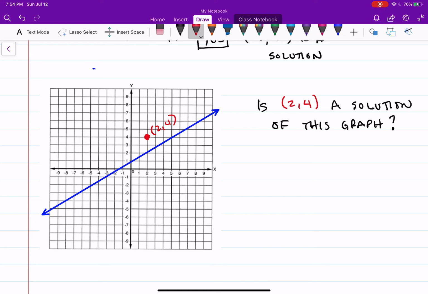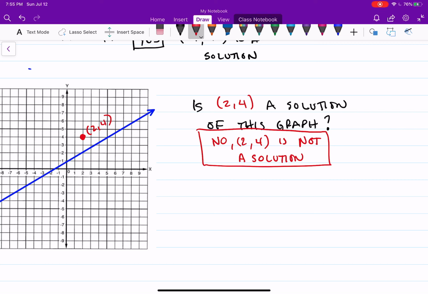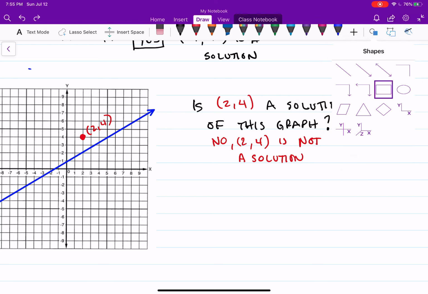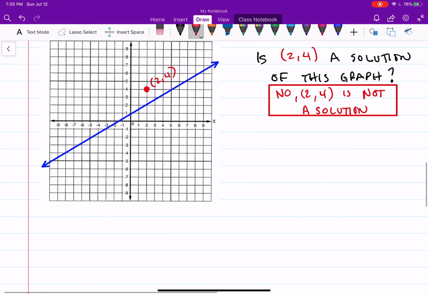And the answer is no. So (2, 4) is not a solution.